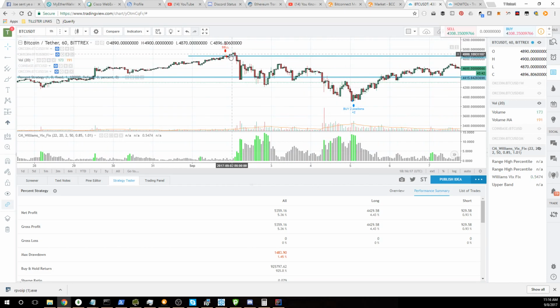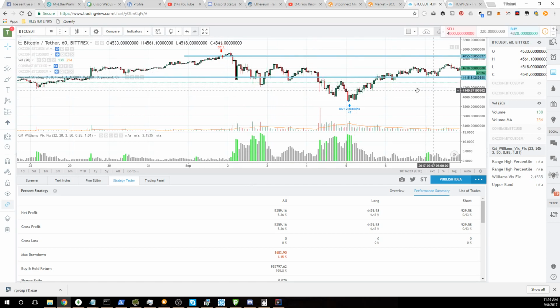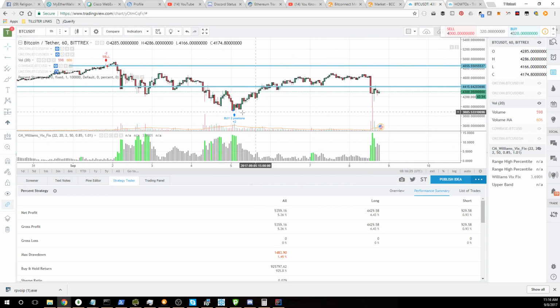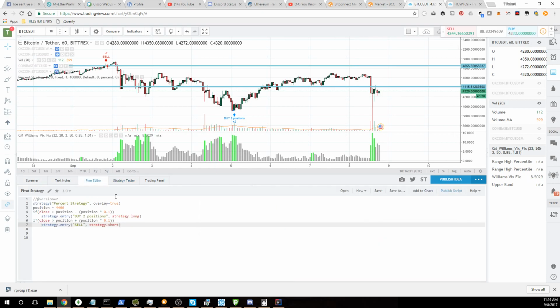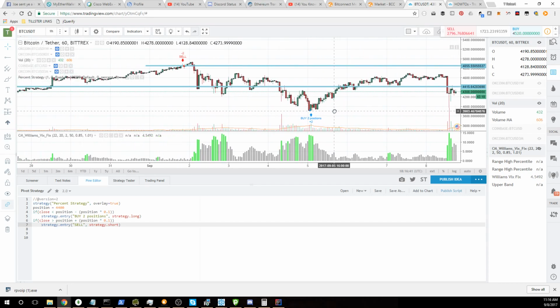This is looking back in the past at what we should have done, right? What we're really much more interested in is looking forward and having this tell us if our position is here, well, it's not time to sell yet, and it's not time to buy yet. We should have bought down here, and that should have been our signal.